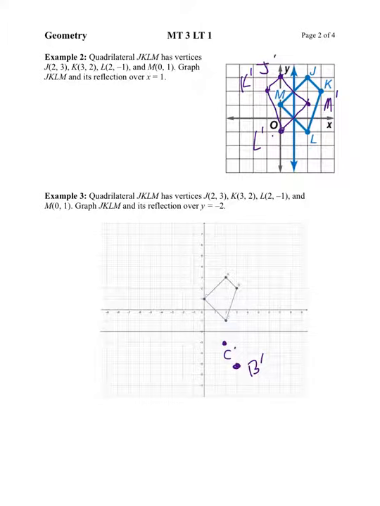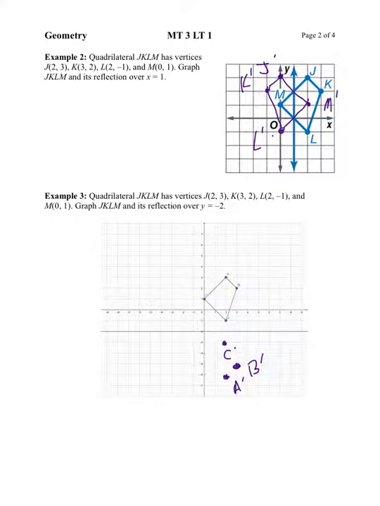And then A is 1 more, but it's in line with C, isn't it? So here's A prime. And then D is up, and I'm going to count here. It's up 1, 2, 3, so I'm going to go down 1, 2, 3.